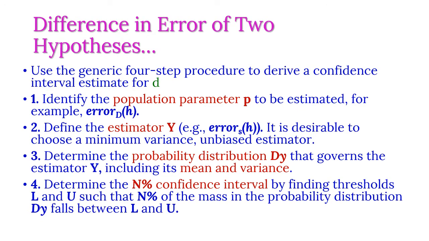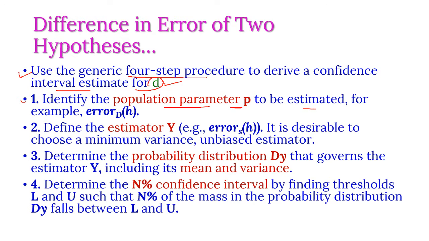And now we have to use the 4-step procedure to derive the confidence interval estimate for the difference d, which we have seen in the previous class itself, isn't it? First one, we need to identify the population parameter p that is to be estimated, that is, on which population we are going to test the hypothesis.